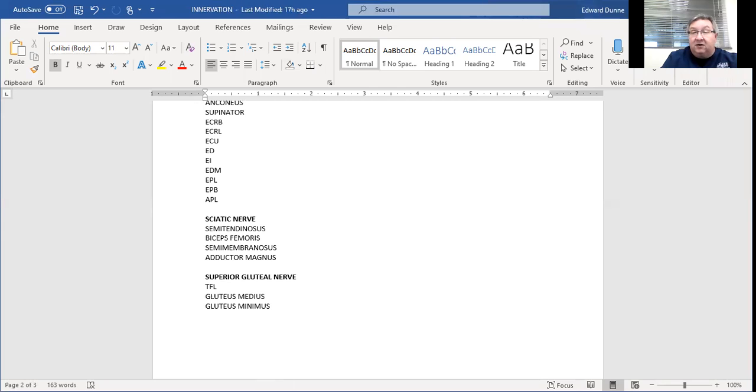It's interesting considering that gluteus maximus is superficial and so large, it's the inferior gluteal nerve, whereas gluteus medius and minimus are deep to max, but it's the superior gluteal nerve.